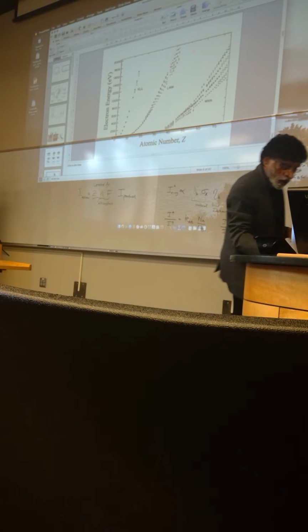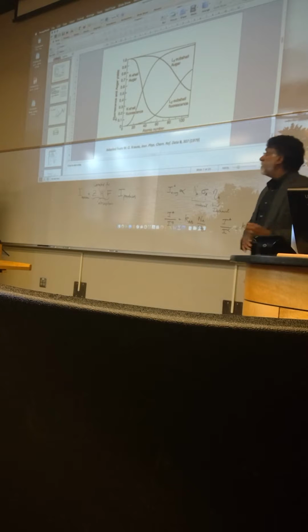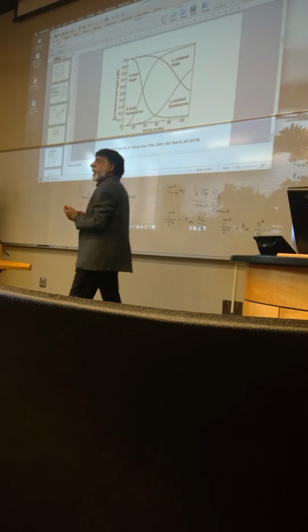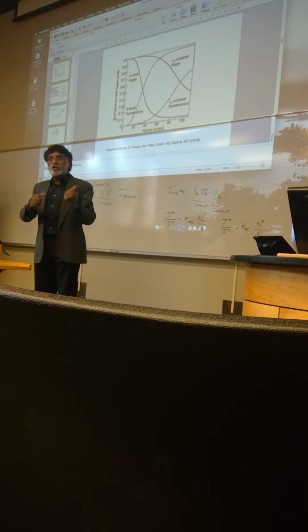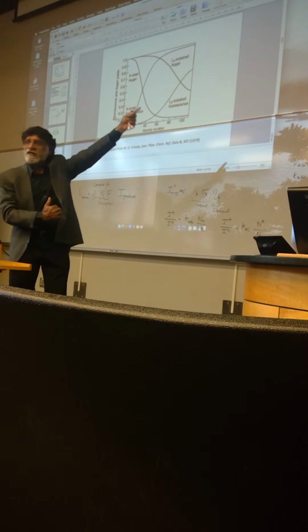And the key point there is this particular slide. You can see now there are two competing processes. If you look at the K shell, as you change the atomic number, the Auger for the K shell is high for low atomic number elements, and as you go to high atomic number elements, you get the X-ray fluorescence.